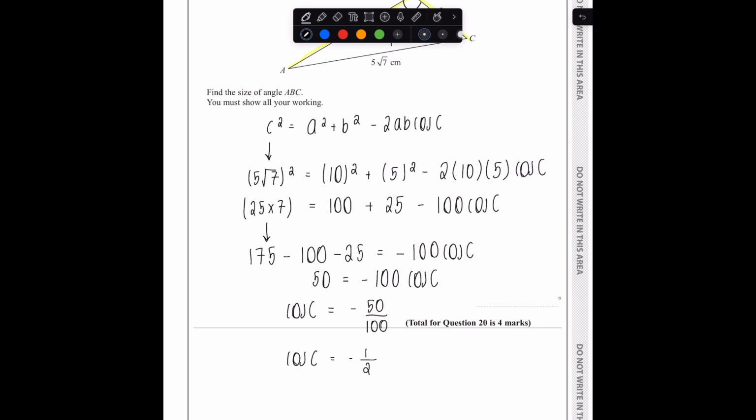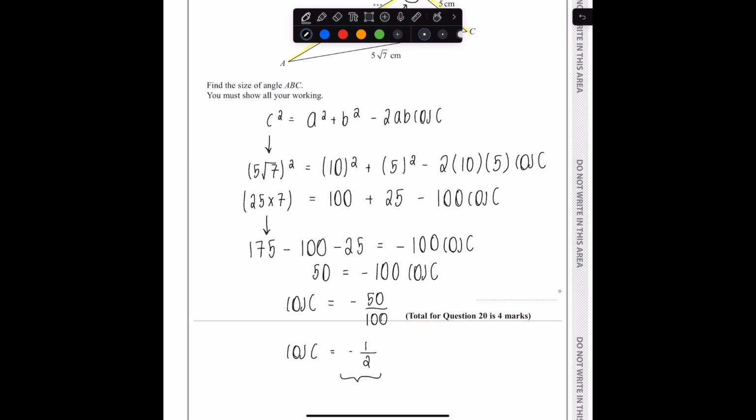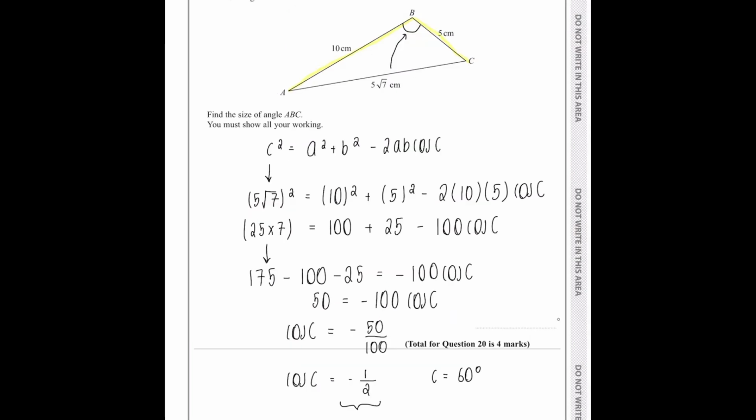So what is the value of c? Now in this case, because it's a non-calculator, we need to use our knowledge of trig values. When cos of c is equal to negative a half, the value c is 60 degrees. But one thing we need to take into account is the angle ABC.